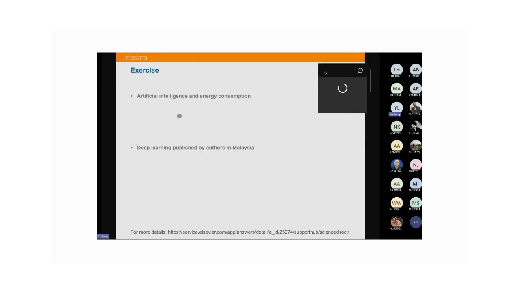So over here, there are 2 exercises. The purpose of these exercises is to help those who are new to ScienceDirect learn how to search the literature and navigate ScienceDirect more effectively, so that using these exercises as examples, you can get a better understanding.